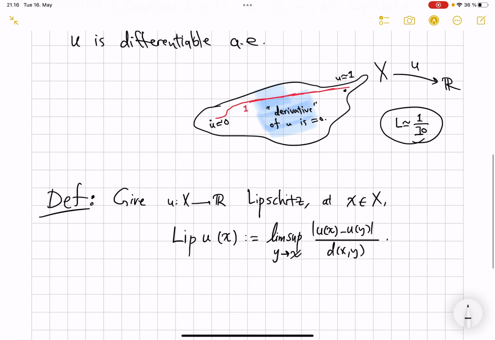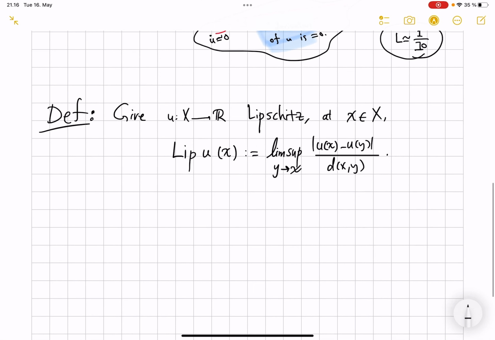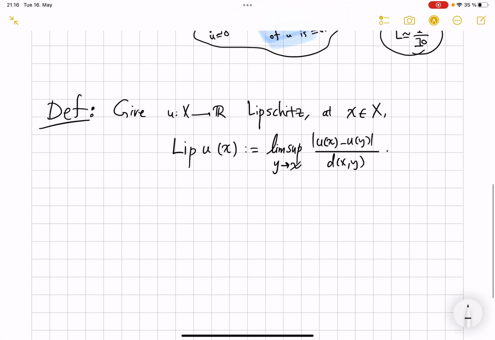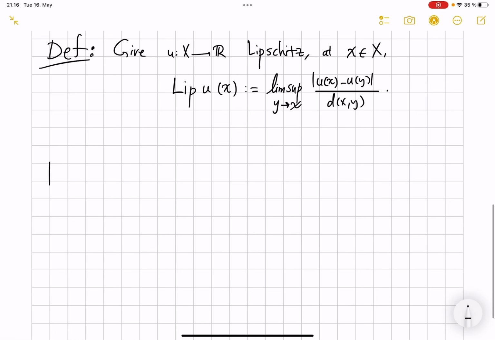So this is kind of the roughest notion of a derivative of the function u, here only for Lipschitz case, that we have available at this point. And this is enough to let us define what we mean by a Poincare inequality on a metric measure space.